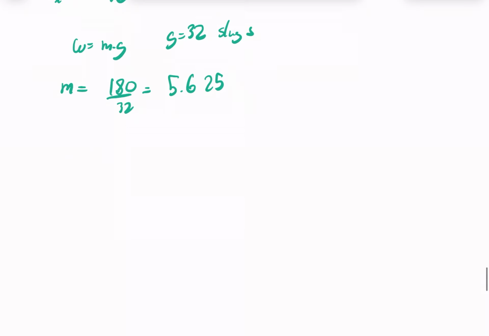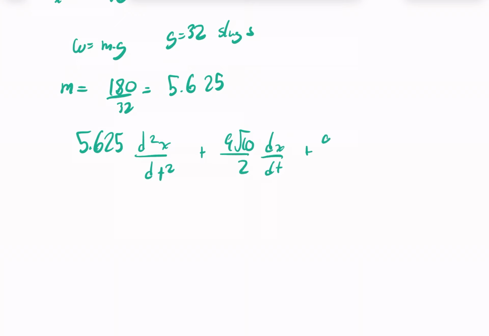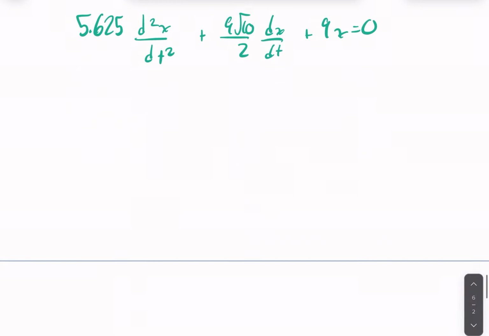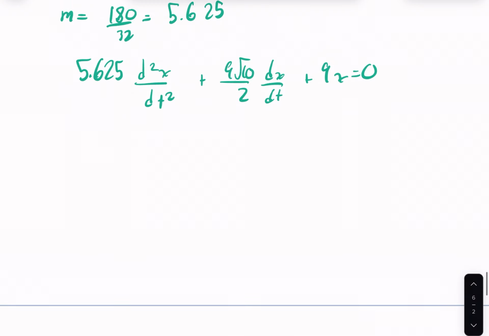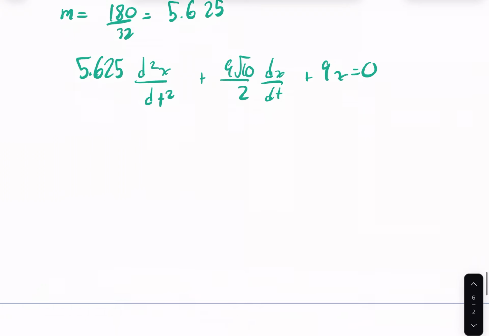So our equation looks more like 5.625 d2x over dt squared plus 9 root 10 dx by dt over 2 plus 9x equals 0. And yeah, so then we're just going to kind of continue on with this question.